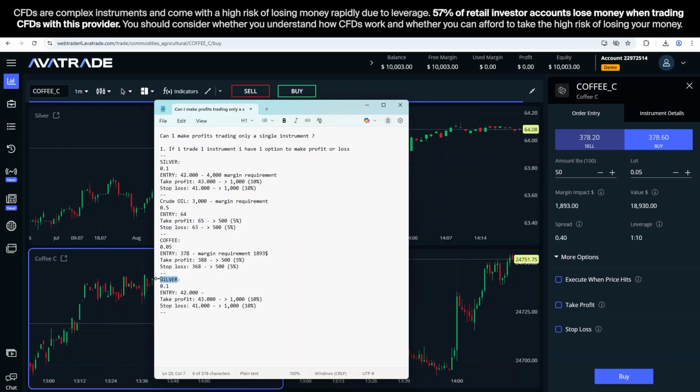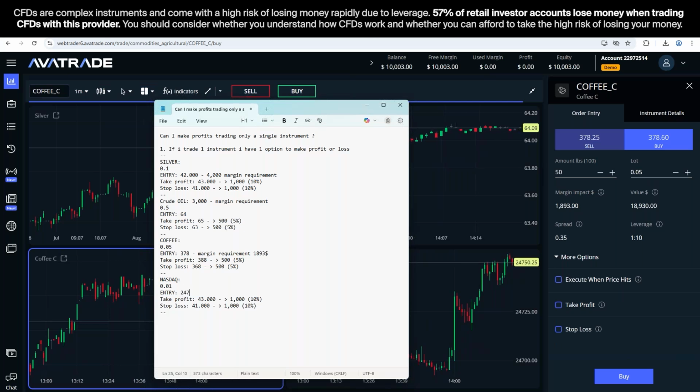Now, let's also replace this to NASDAQ. And we can have it 0.01. Entry, we can have it as a flat 24,750. Our take profit can be $1,000 higher, and our stop loss can be $1,000 lower.